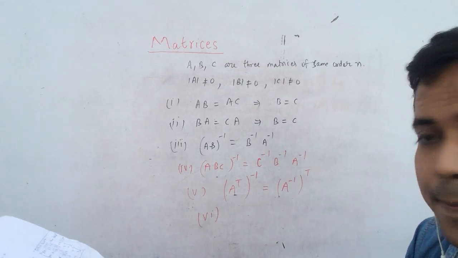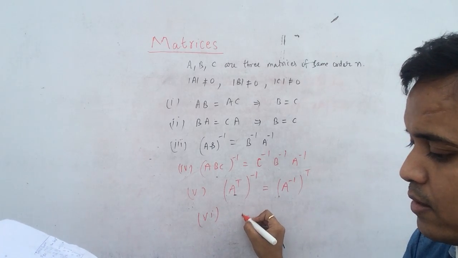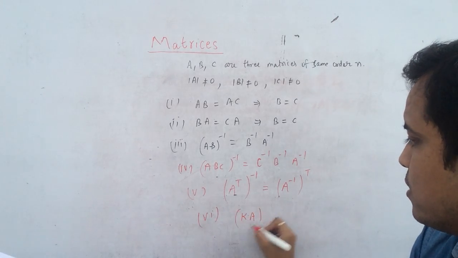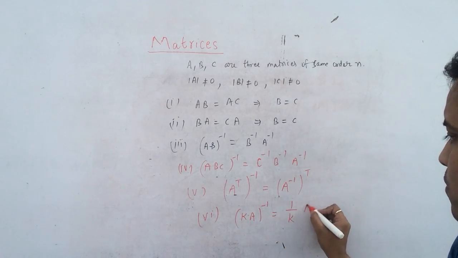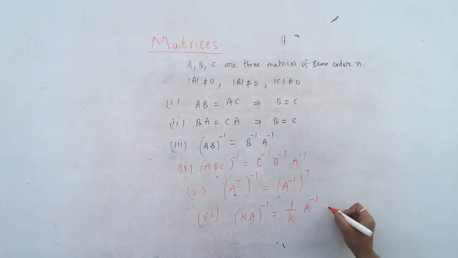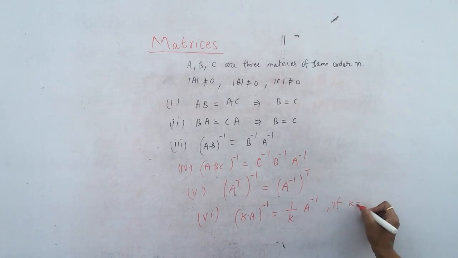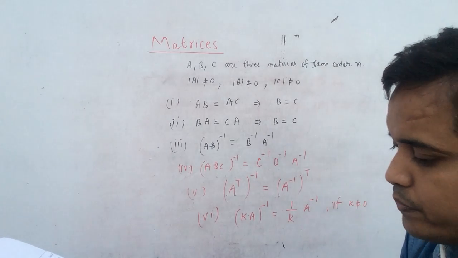Sixth is (KA) inverse equal to 1 upon K times A inverse, if K is not equal to 0.